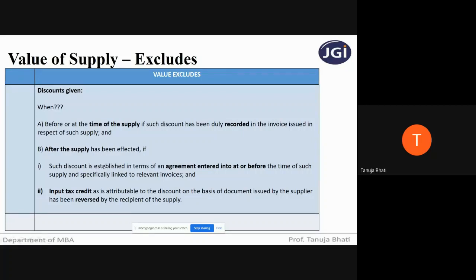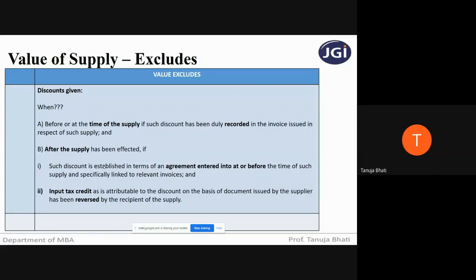Second thing is, input tax credit is, as I told you all, a credit that is taken by the recipient. So for example, the seller in Bangalore has sold goods to the recipient in Mahabaleshwar at rupees 50,000. Now at the time of sale or before sale, there was no discount given.